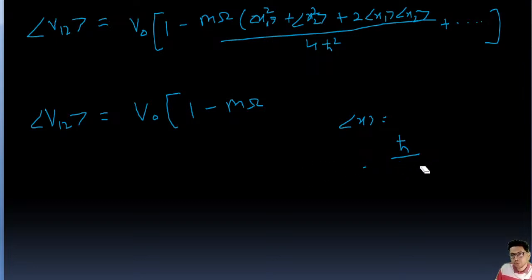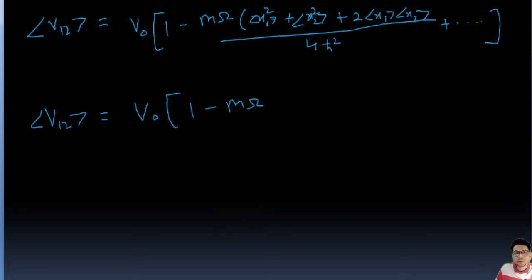We have already solved the expectation value of momentum square and the expectation value of the position square, okay, the square of position. That is the expectation value of x square and the expectation value of p square, right, that we have already calculated.